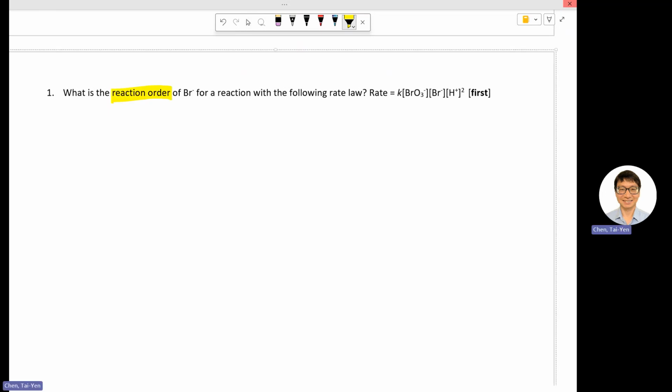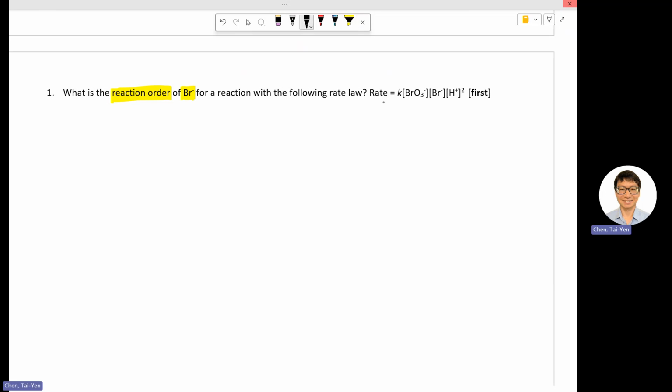Very good. So right now everybody can see this thing's reaction order, right? Every time you see reaction order, it probably is related to your differential rate law, right? Therefore, you want to know the order of individual reactants and also the overall reaction order, right? So here, specifically, you want to know the reaction order of Br minus, right?